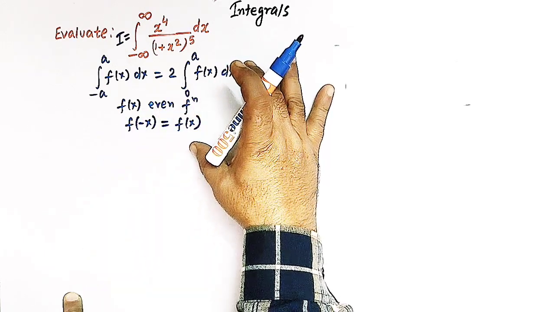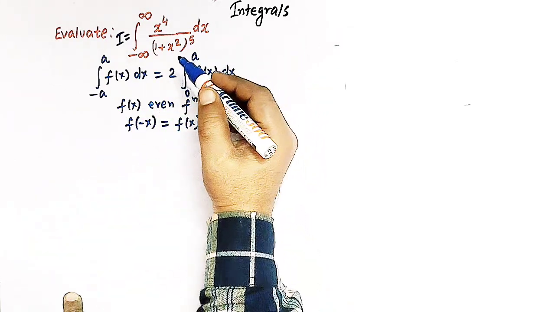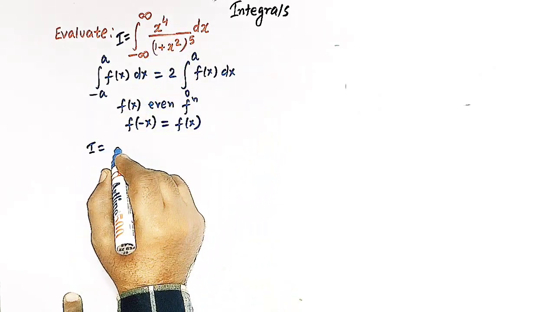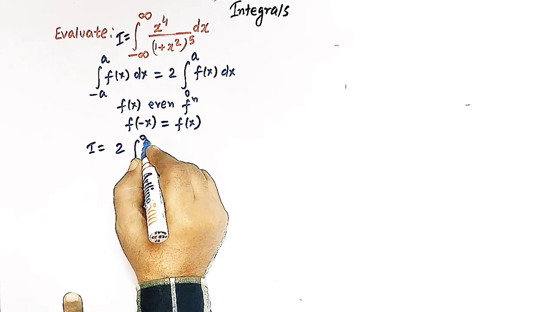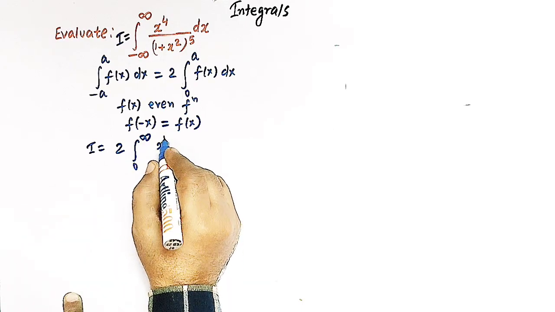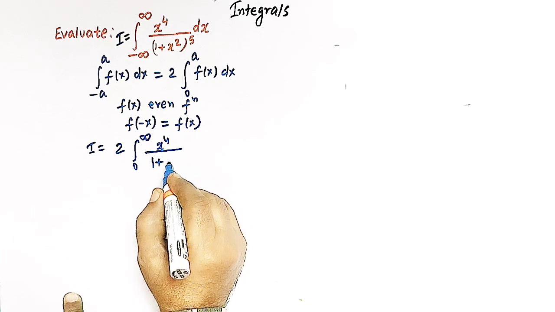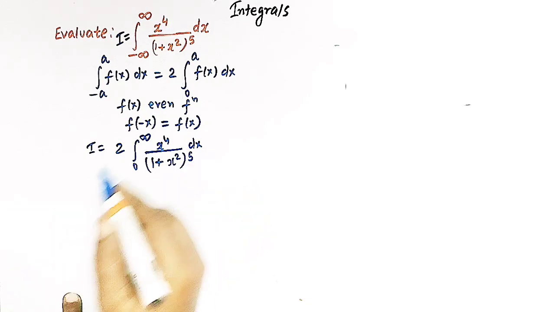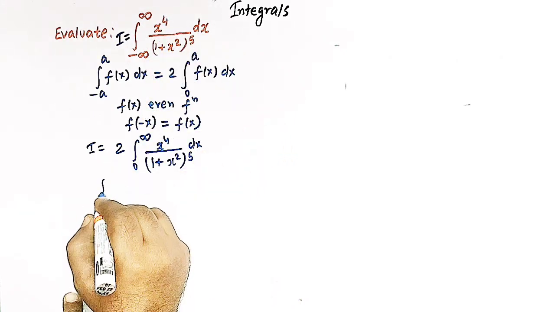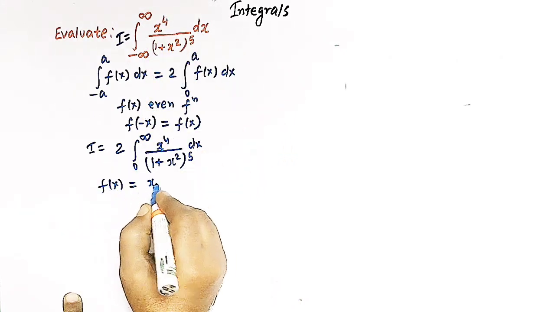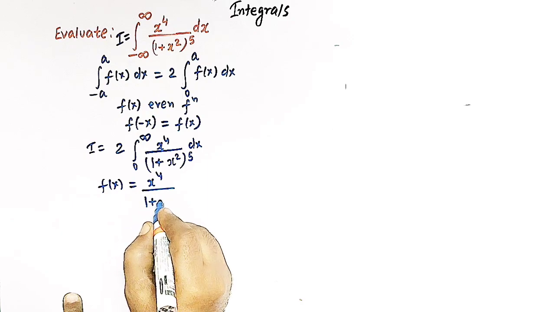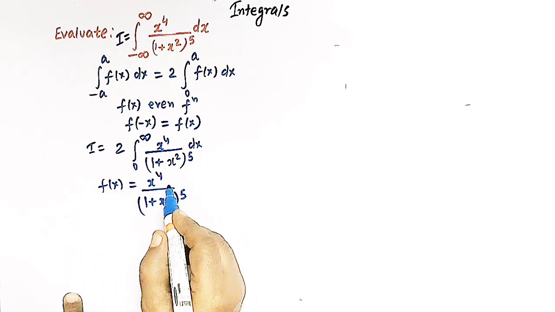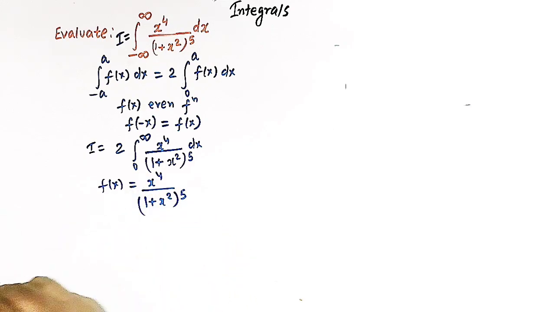So this is the first property which we are going to use to write this integral I as 2 times the integral from 0 to infinity of x raised to 4 over (1 plus x square) raised to 5 dx, because the integrand is an even function.